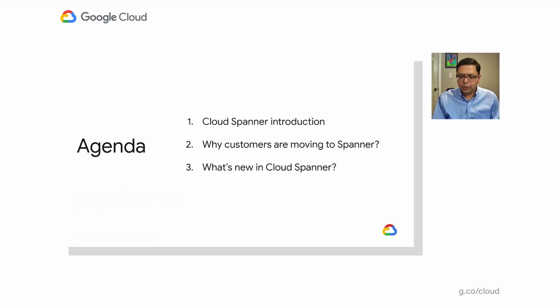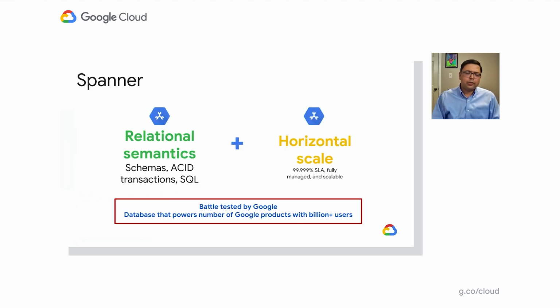Okay. So to get to it, Cloud Spanner is a unique database. Basically, Cloud Spanner offers horizontal scalability with complete relational semantics. Horizontal scale is something which you would expect from non-relational databases, which are sharded and everything. Spanner does all that, in addition to offering you ACID transactions, complete SQL support, all the relational semantics which you expect from a relational database.